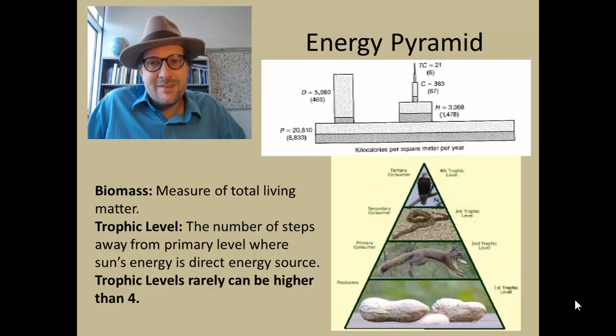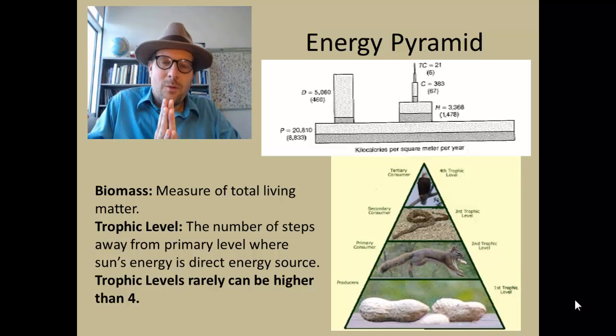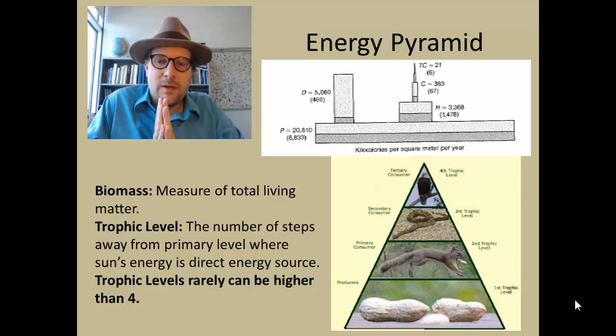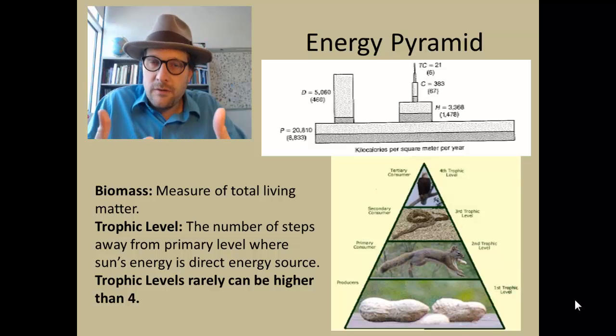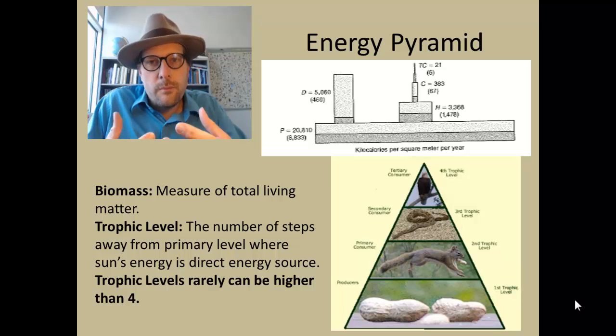the previous, and they oftentimes will quickly narrow down to a very small amount of biomass. So think about this example where we have eagles at the top, snakes, squirrels, and peanuts. So there's going to be a lot more peanuts in terms of biomass compared to squirrels, and there's going to be a lot more squirrels in biomass compared to snakes, and there's going to be a lot more biomass of snakes compared to eagles.